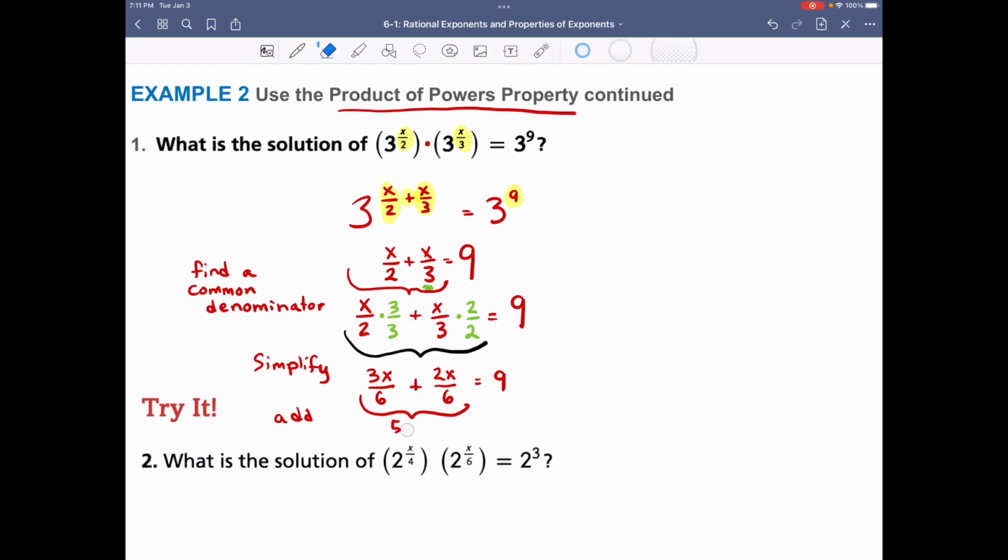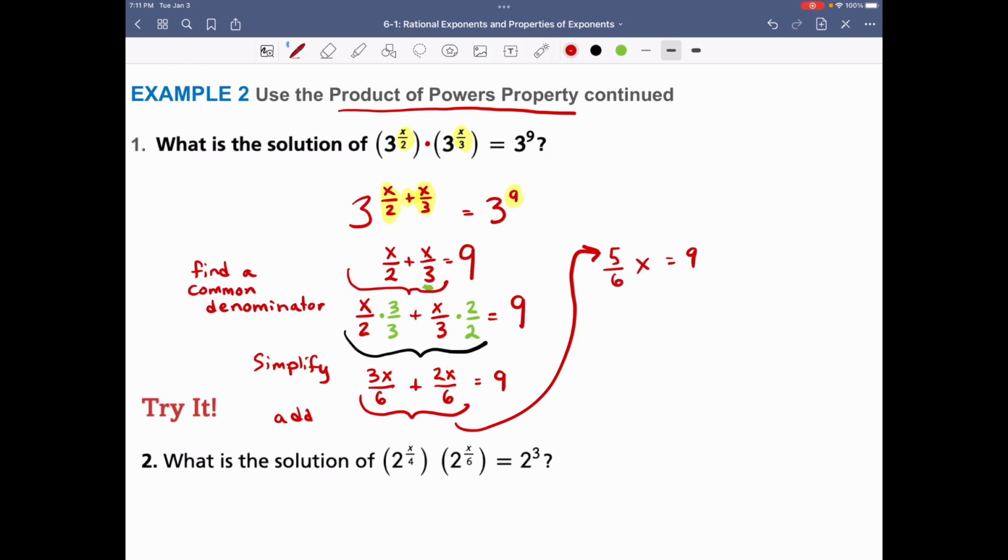Actually, I'm going to write it up here because I'm running out of space. 5x over 6 equals 9. Now, if you remember from last year, hopefully, to undo a fraction, and maybe I'll write the x separate so that it's easier to see, 5 over 6x.